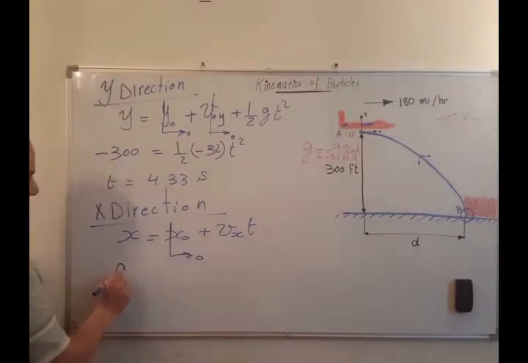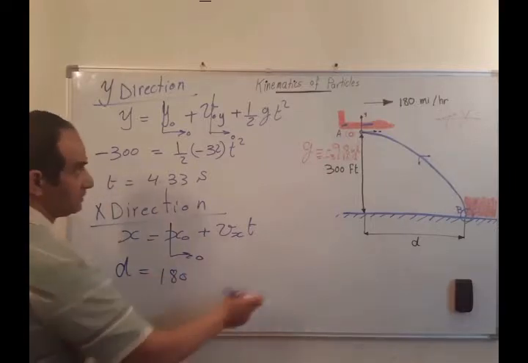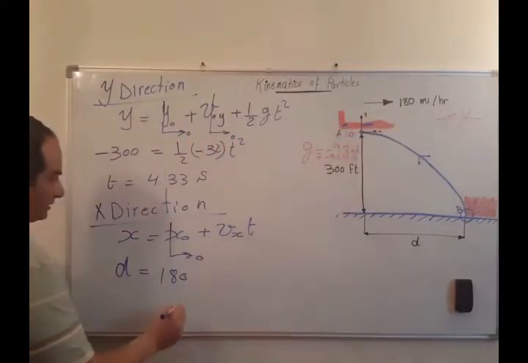Directly we can write d equals 180 miles per hour.